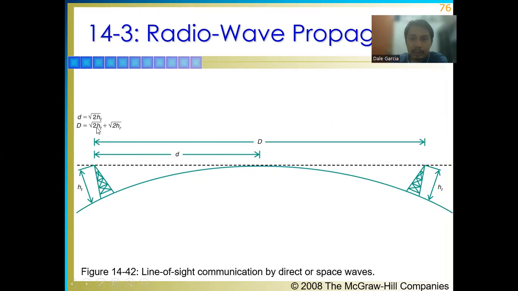So this formula is D is equal to square root of 2HT plus 2HR. HT and HR are the height of the antennas. So the height should be high enough to overcome the peak curvature of the Earth.